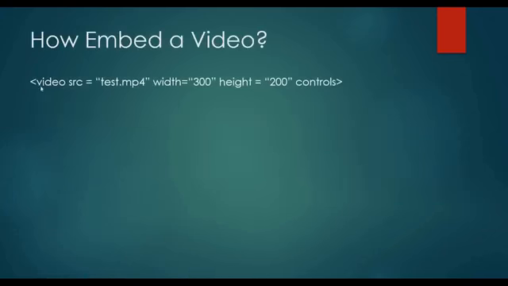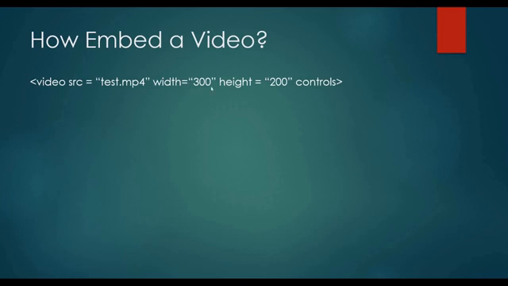How to embed a video? So this is the procedure. So video, SRC, the video file. The file format is MP4. This MP4 is accepted in most browsers. We can use other formats also, but they won't be supported in all browsers, right?